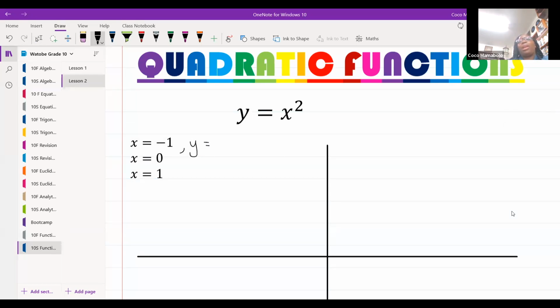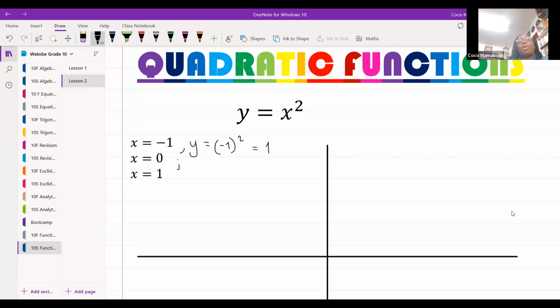I need you to replace x with -1. What will my answer for y be? Good, Namani, that's it. It should be 1, because -1 squared will give us +1. If we take -1 all squared, there are 2 negatives, and that will give us +1.